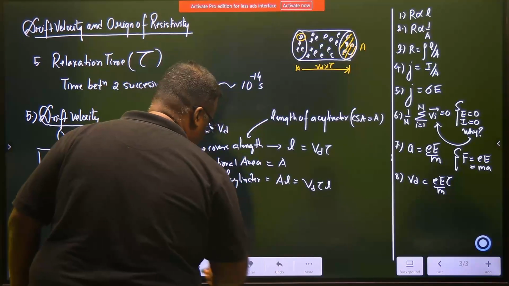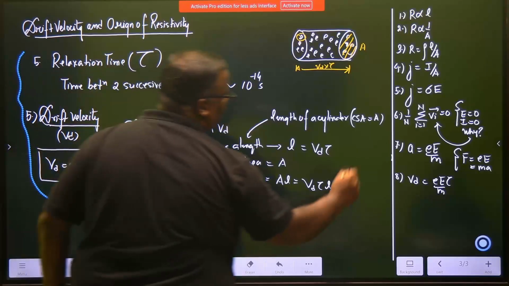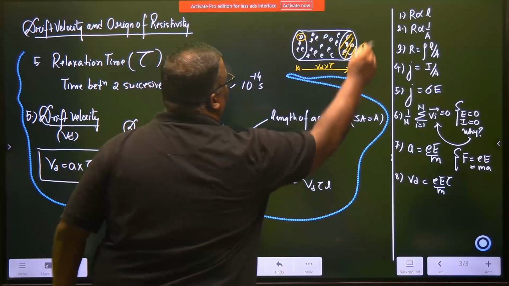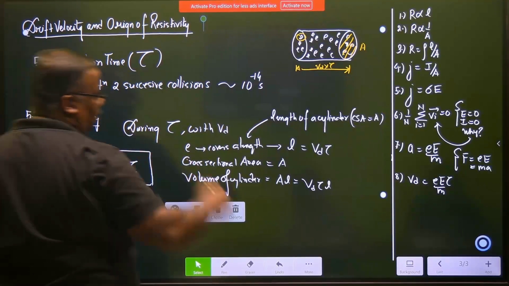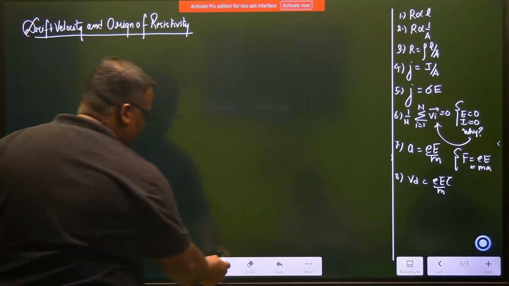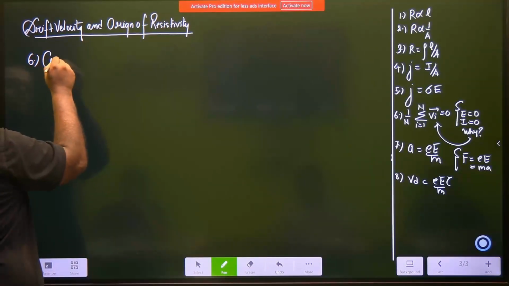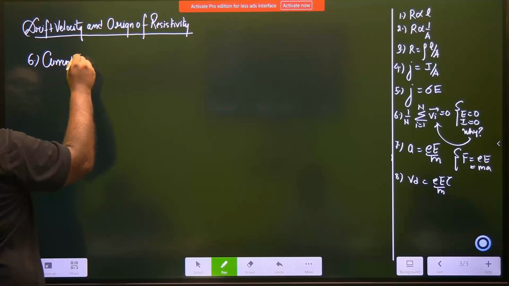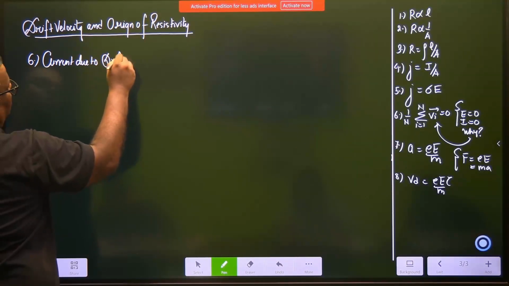We need to develop a generic formula for current. Now you've got drift velocity. Now we should get a value for current also. So let's see whether we get it or not. Yeah, fine. So it will be point number 6. So drift velocity is born. So we will now find current due to drift velocity.